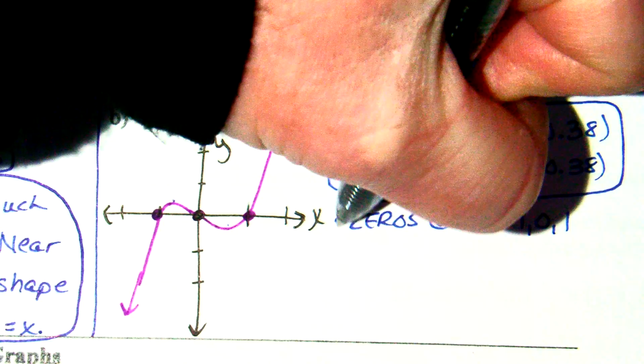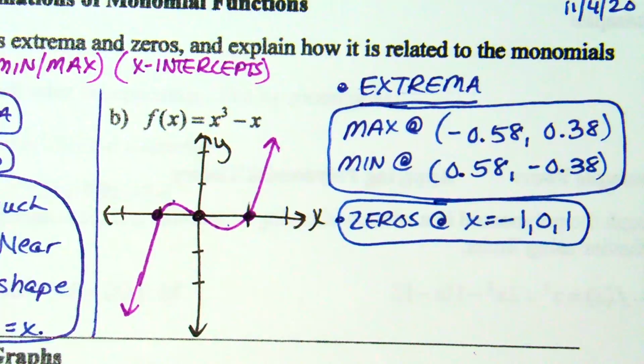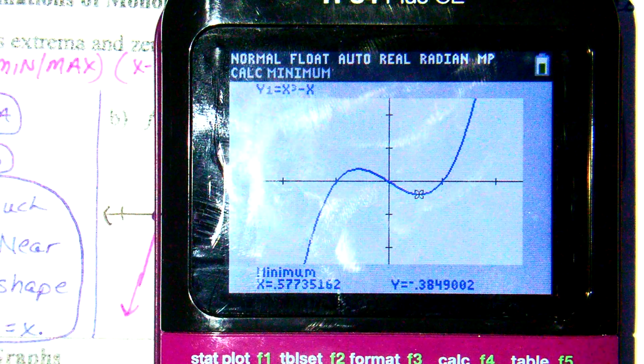And then the other thing we have to do is, how does this relate to the monomial? So how does this relate to x cubed? And it's not just x this time, it's minus x. So if you have this graph on your calculator, here's what I recommend you do.